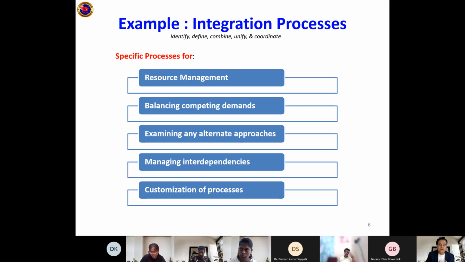So therefore, we are preparing you so that you know these are on your plate. Resource management, balancing competing demands, examining what alternate routes will be useful, managing the interdependencies, customizing the process. These are your managerial job, and that falls part of the integration. So integration, that's why I picked up, because out of the 10 functions, this will give you some idea of your management function.